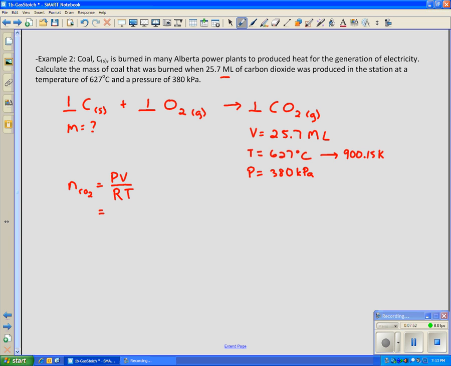So if I substitute in pressure, I don't have to change because it's in kilopascals. Volume is 25.7 megaliters, and that's okay, we can leave it there. R is the constant, 8.314. And temperature we already converted into 900.15 Kelvin.